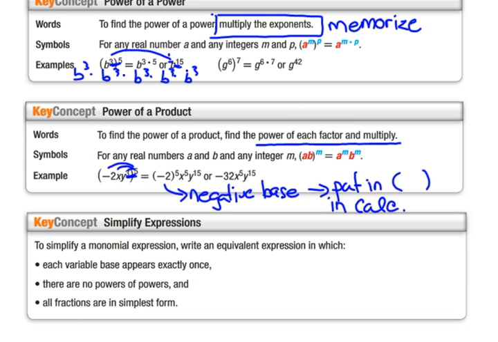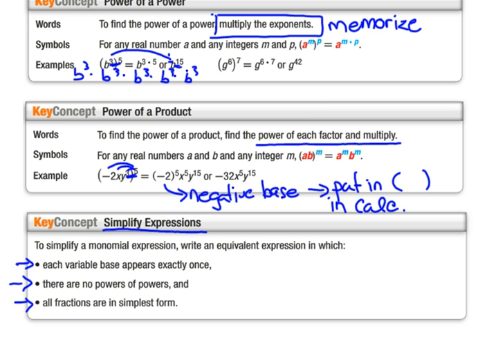This is saying, no, my base is -2 and I want to do it to the 5th power. So when it tells you to simplify expressions, these are the things that you have to look for. Each variable base appears exactly once. So in other words, you've put all of those together. There are no powers of powers. You've multiplied those through, and any and all fractions are in simplest form.